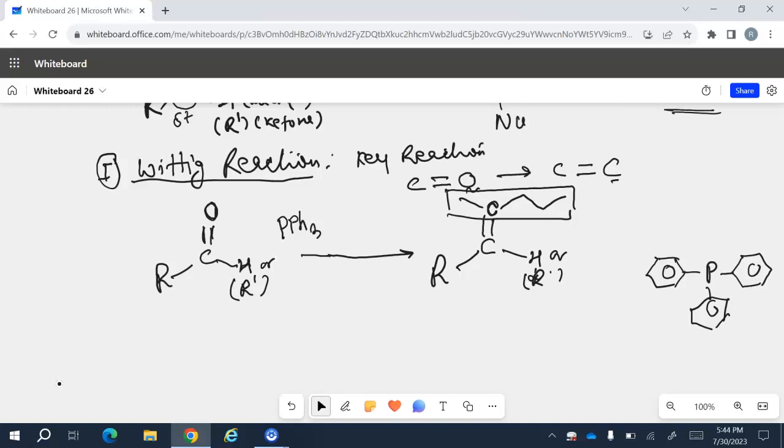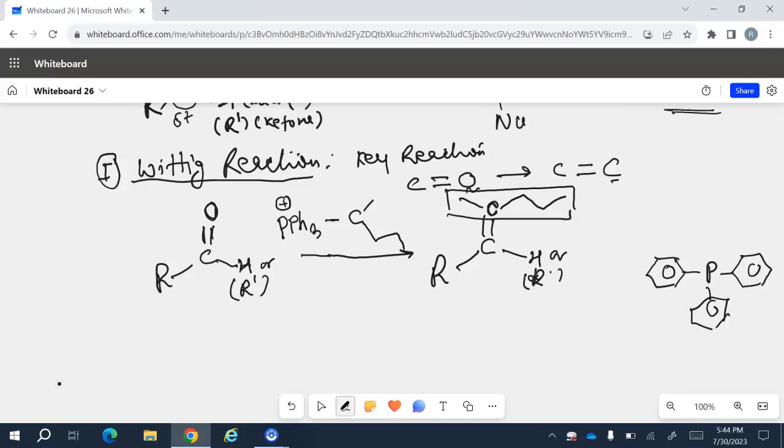Triphenyl phosphine. Now, as you know, the phosphorus can form up to 5 bonds. So this triphenyl phosphine, with the positive charge, will be attached to the carbon, and the carbon has whatever groups you need to incorporate in place of the C double bond O. So in our case, one side is methyl and the other side is a 1, 2, 3 carbon propyl group.